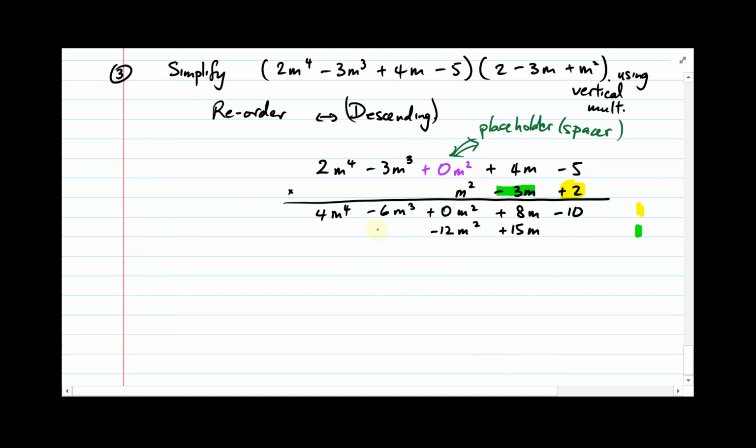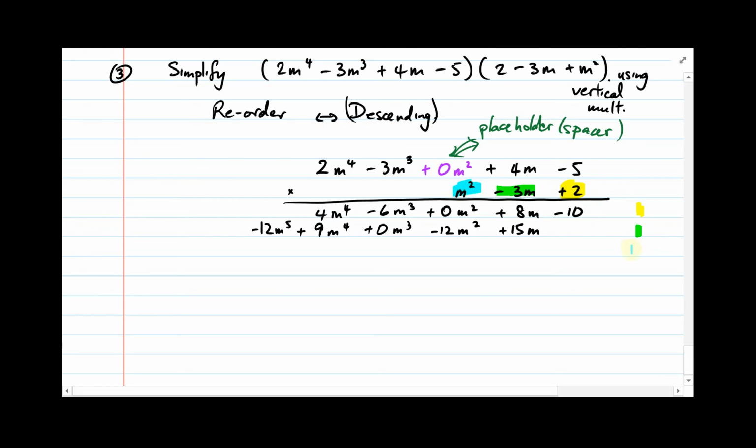Next term would be 0m cubed. And we continue. 9m to the 4th, and then minus 12m to the 5th. Right? Okay, any questions so far? If not, we're moving along.